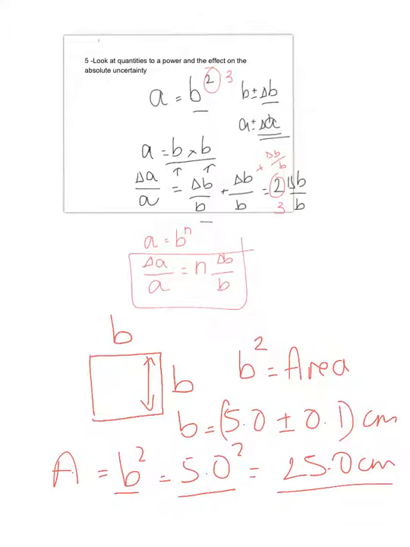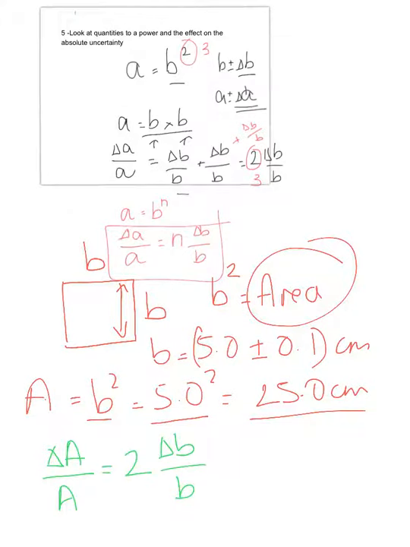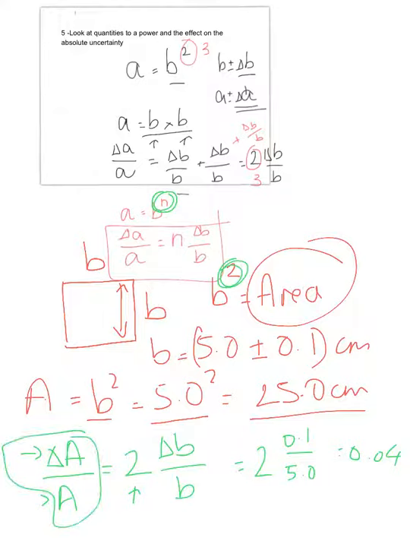Great. So now let's work out the absolute uncertainty in the area. The rule is as follows. The fractional uncertainty in A is equal to 2, because 2 is the power, squared, times the fractional uncertainty in B. So actually work it out. Have a go. Okay, so first step, our fractional uncertainty in the area is equal to 0.04.